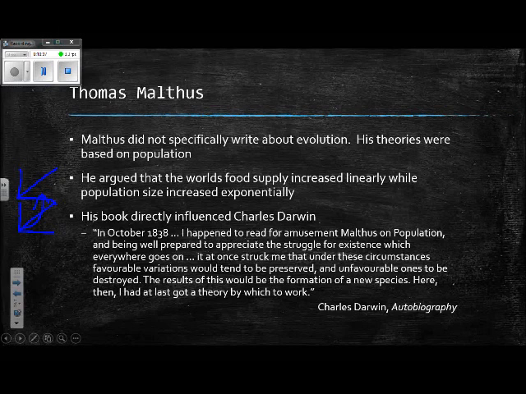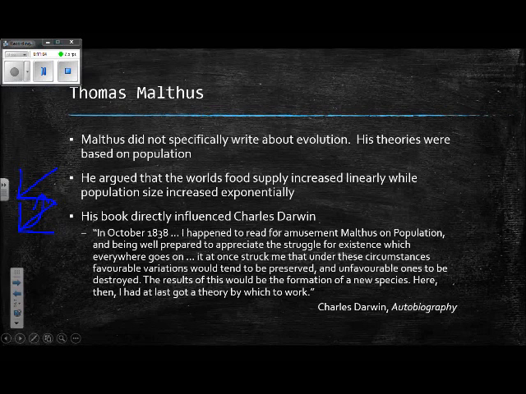The results of this would be the formation of new species. Here, then, I had at last got my theory by which to work. So Charles Darwin looked at what Malthus said about food and populations, and he used it to shape his theory.